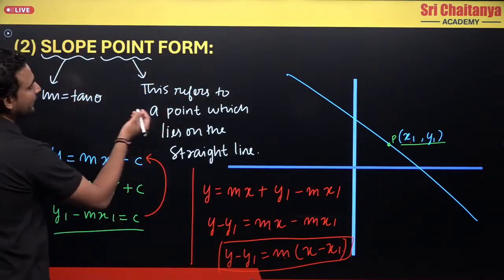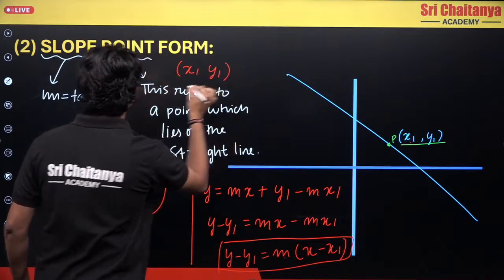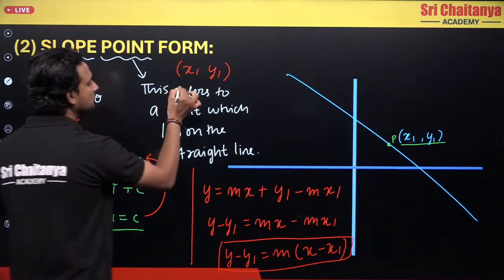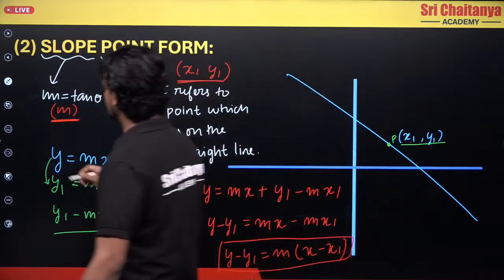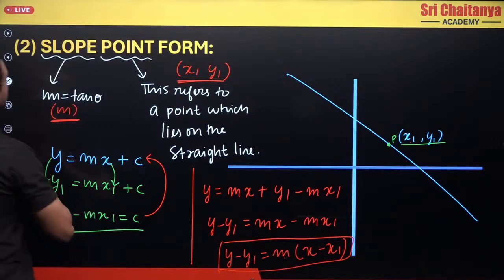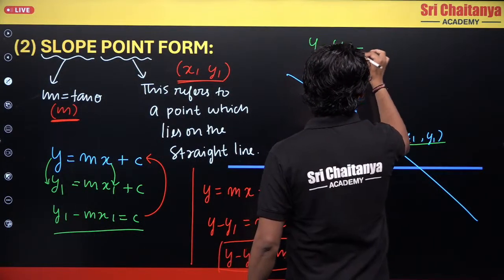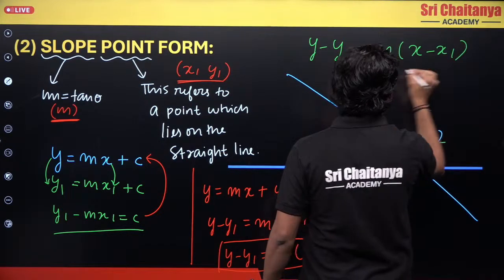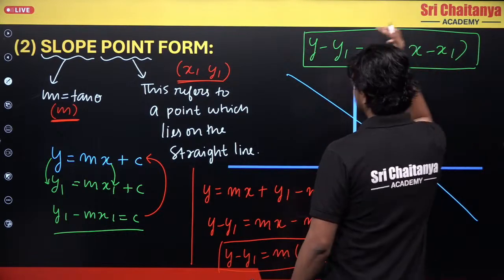You need any point x1, y1, and you need slope m. If you have these two, you can write the general equation of a straight line. In slope point form, y minus y1 is equal to m times x minus x1. This is the general equation that you should remember.